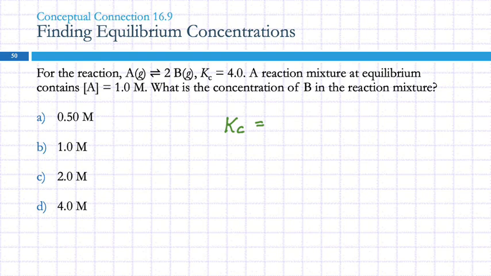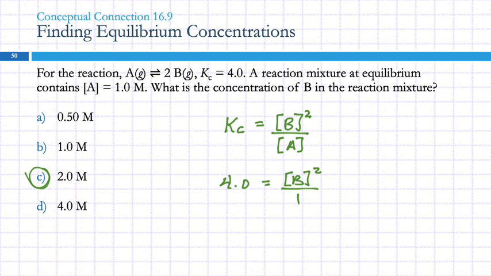The products squared divided by the reactant. So if Kc is 4 and A is 1, what does B have to be? 2. Any questions?